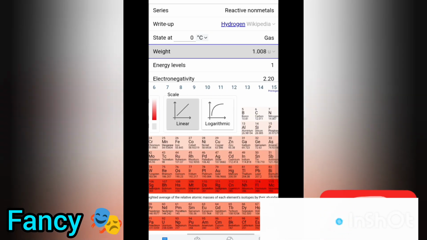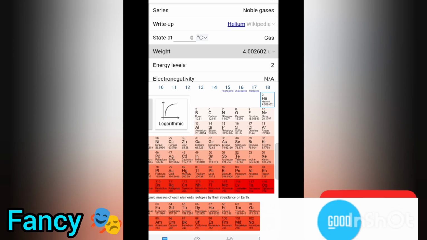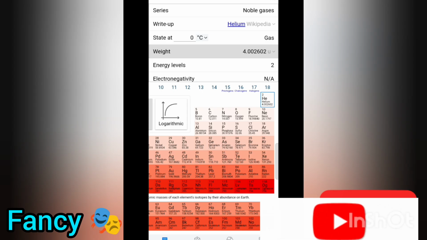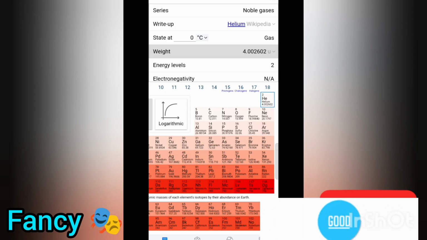The 18th group elements are the non-reactive group, because they have a stable electronic configuration. They obey the octet rule, with 8 electrons in their outermost shell, so they do not need to react with any other elements. So we can say they are the inert elements or inert gases. They are also called the rare elements.